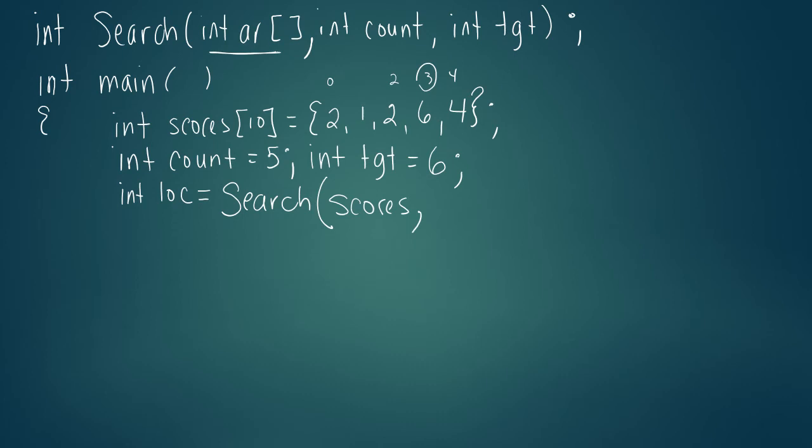It's going to pass the count, which is 5, or in this case we have a variable that keeps the count, and it's going to pass the target, which we have a variable that keeps the target. Now this is a local target in the main function, and we're going to have another target in the search function.